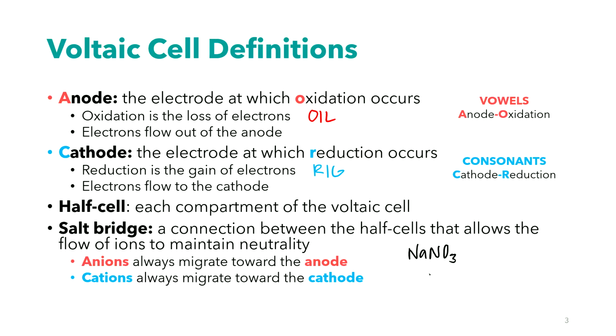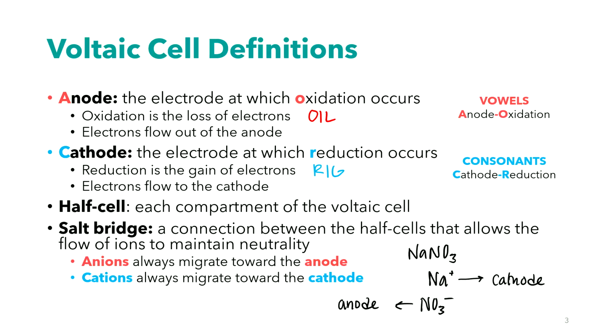So our anions will migrate towards the anode where the electrons have left. So that replaces that negative charge that left from our electrons going over to the cathode. In turn, the cathode gets the cations migrating toward them to balance that negative charge coming in with those new electrons.